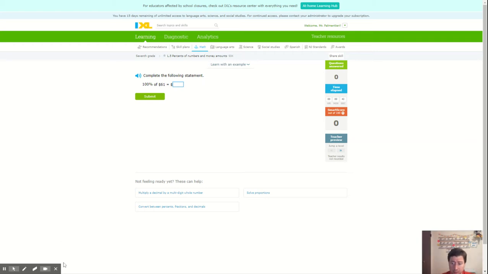So one thing that we would have done a lot in class is if you want to go from a percent, so this P stands for percent, to a decimal, I'm going to go 2 places to the left with my decimal.